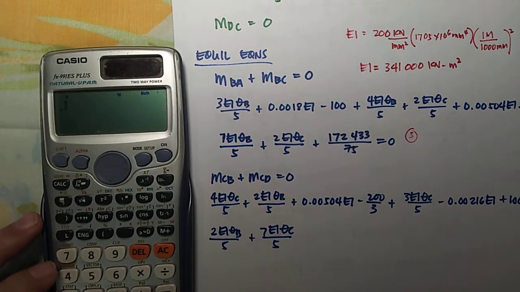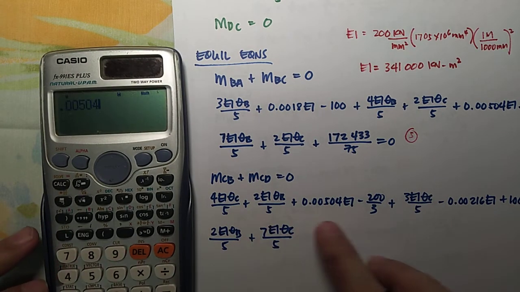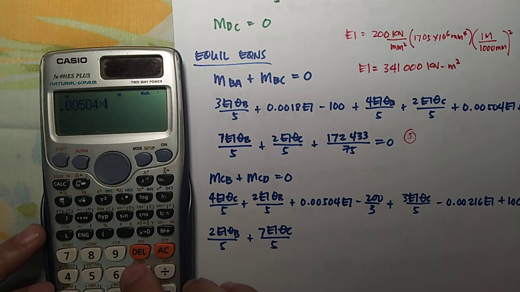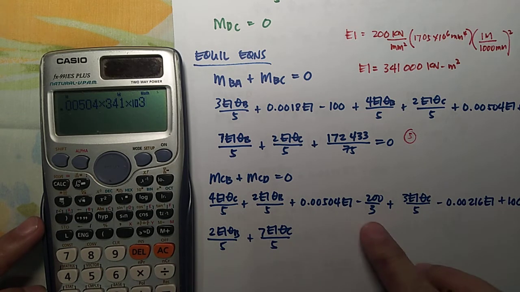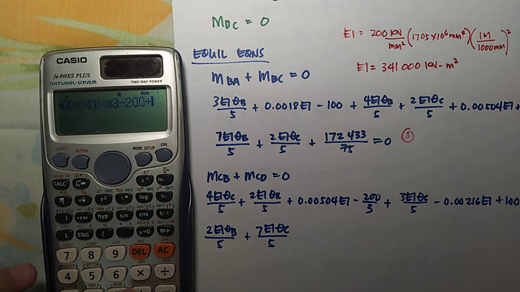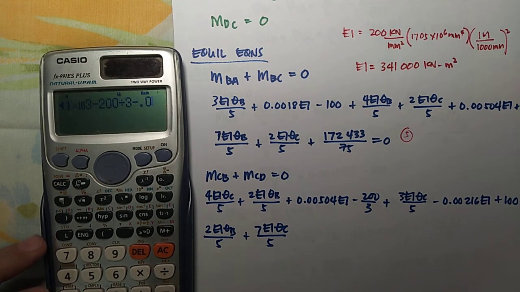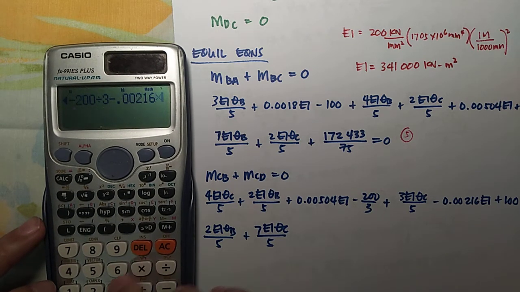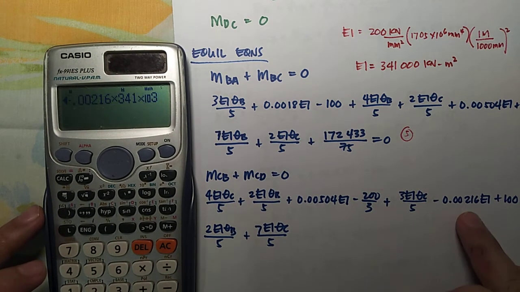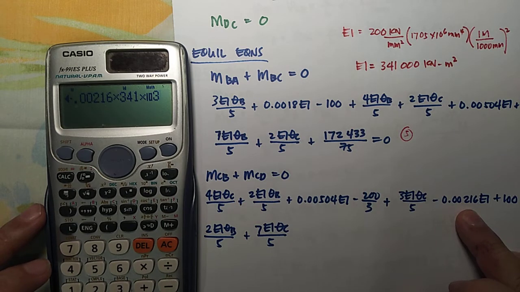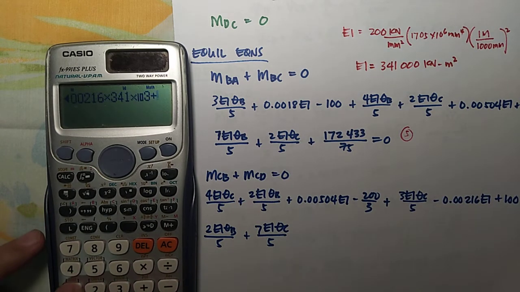Oh, that would be 0.00504 times EI. So 341. Then minus 200 over 3. Ito yun. Minus this one. Minus 0.00216 times EI. Okay, so this one 341,000 plus 100.